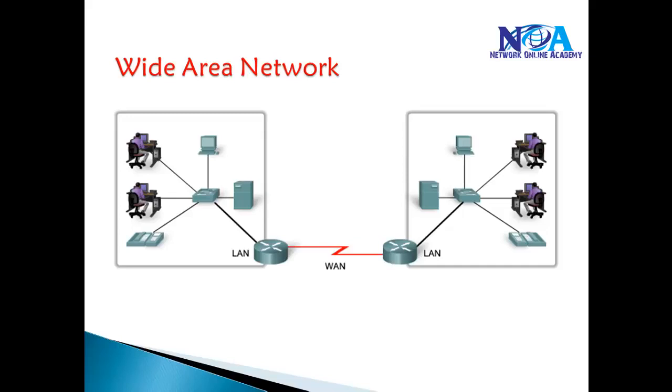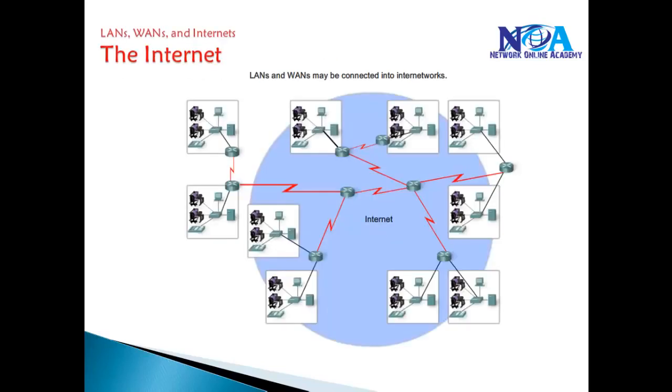And we have a wide area network connecting two or more different cities or different countries, where I have a branch office in different locations. And the internet is the biggest network, where every service provider and everyone is connected to one big network, and we call it the internet.